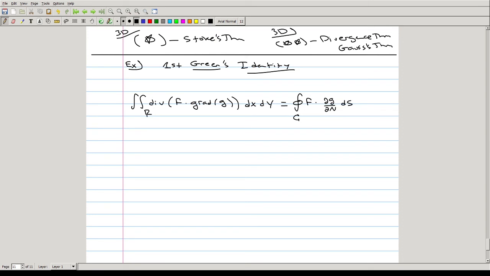So the accumulation of this integral right here, where dg dn is just the normal derivative of the function g, or I should say the directional derivative in the normal direction of the function g.